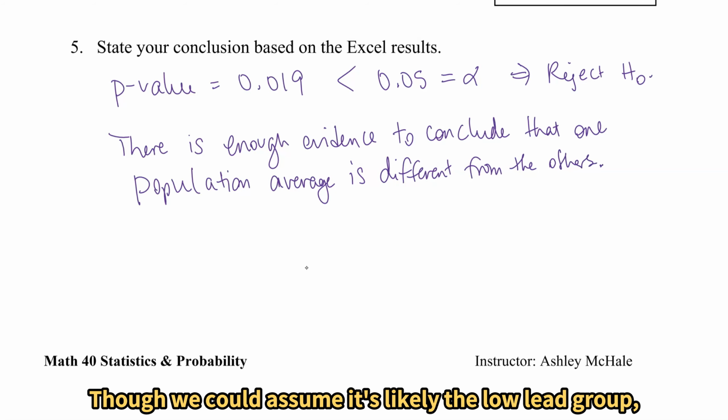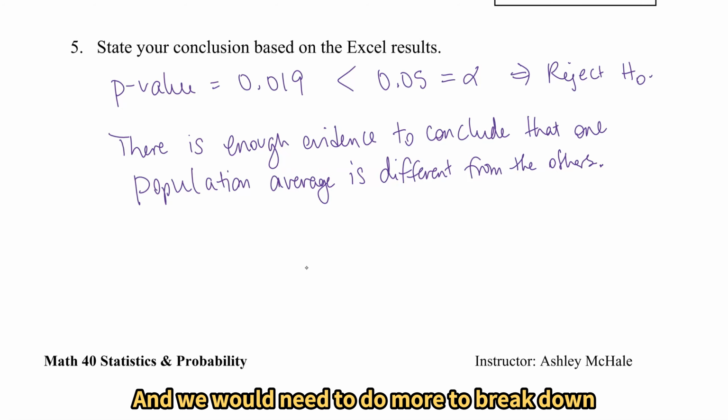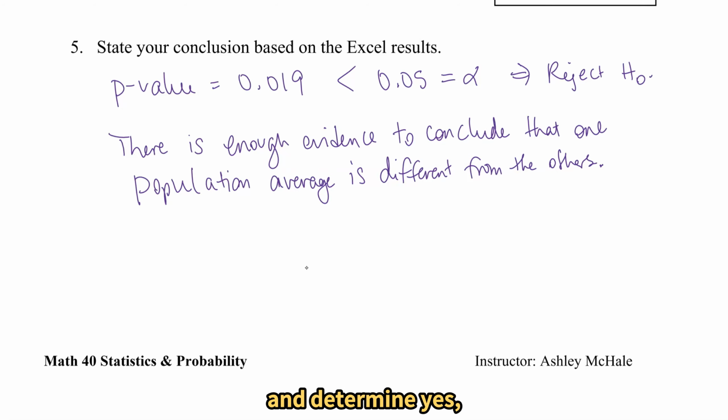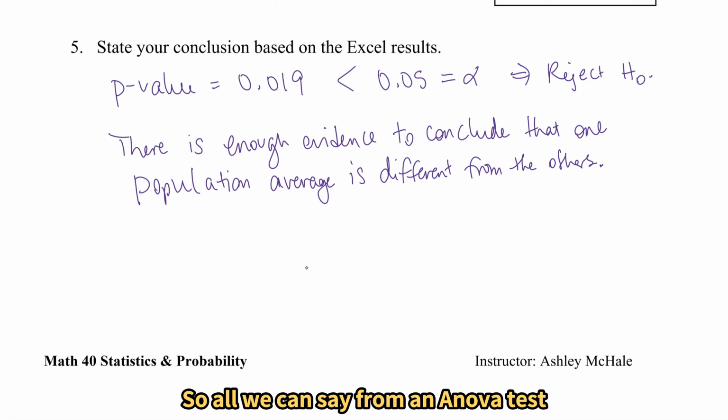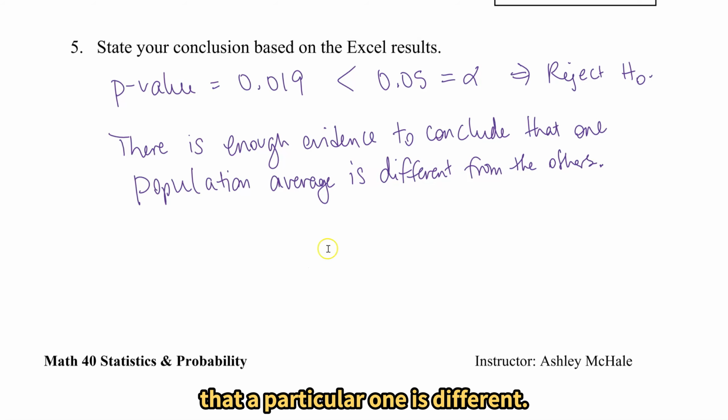Though we could assume it's likely the low lead group, that is an assumption, and we would need to do more to break down and determine, yes, it is the low level group. So all we can say from an ANOVA test is that one is different. We cannot identify directly that a particular one is different.